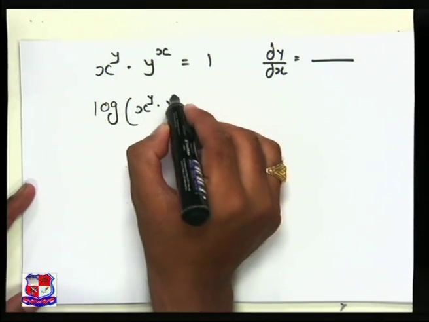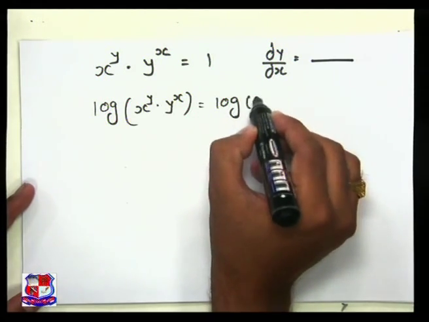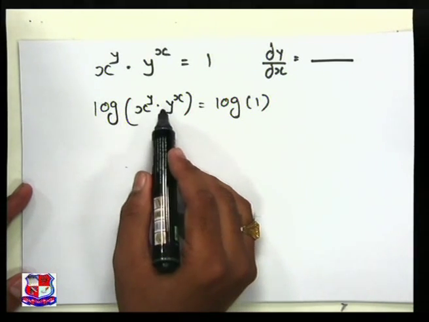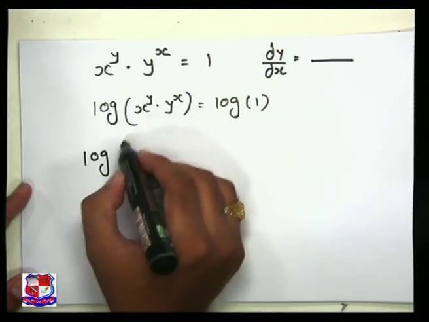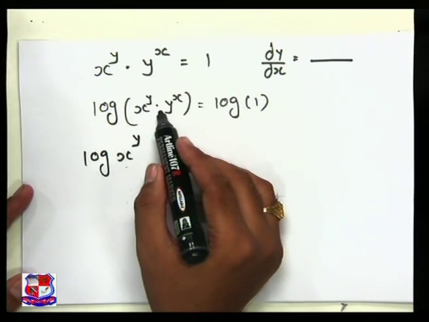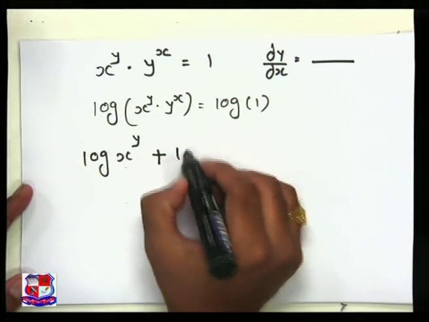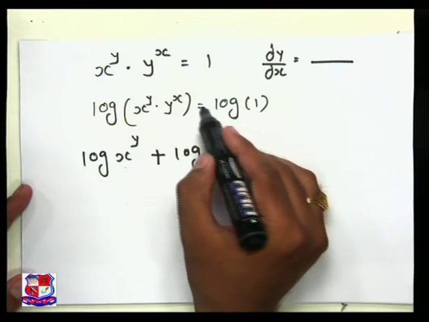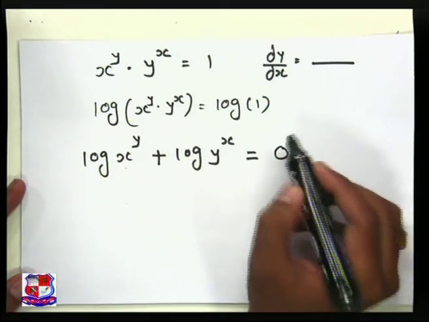So you can write log of x raised to y into y raised to x equal to log 1. Now whenever log is applied to a multiplication, put an addition sign, so log x raised to y plus log y raised to x equals, with the equal sign as it is, log 1, which is 0.